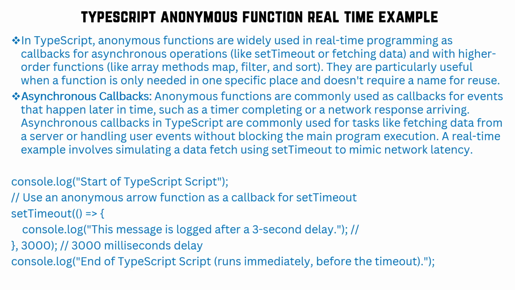Anonymous functions are commonly used as callbacks for events that happen at a later point of time or after some delay, such as a timer completing or a network response arriving. These are called asynchronous callbacks. Asynchronous callbacks in TypeScript are commonly used for tasks like fetching data from a server or handling user events without blocking the main program execution.